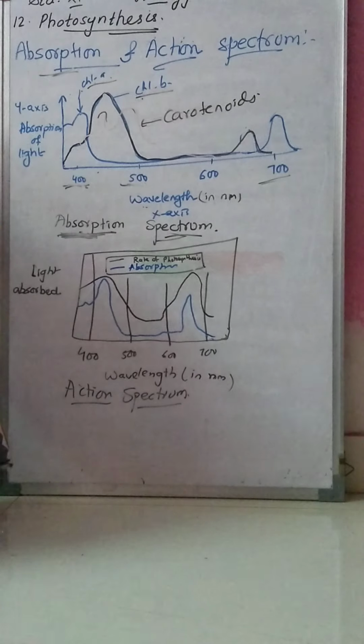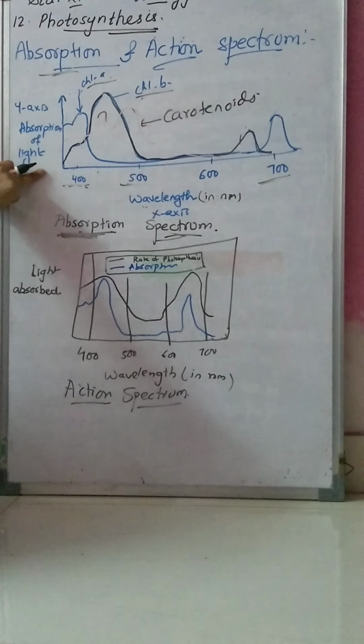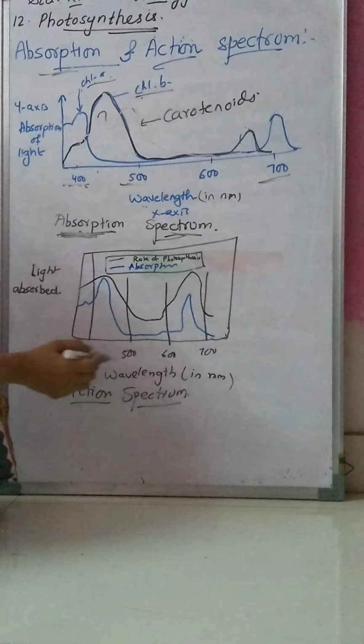Then this curve shows the rate of photosynthesis at different wavelengths.